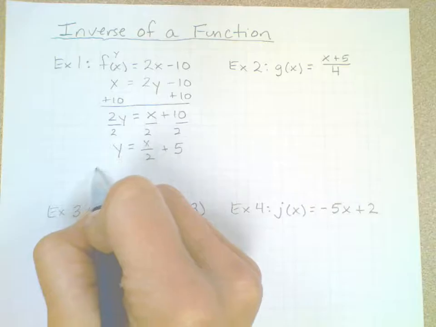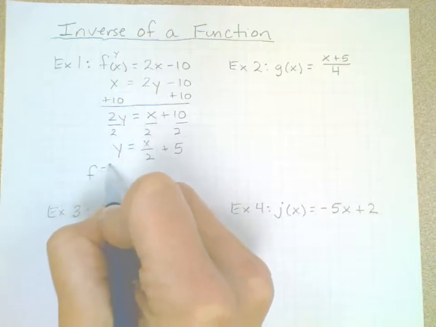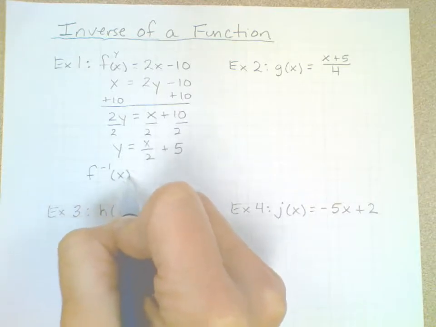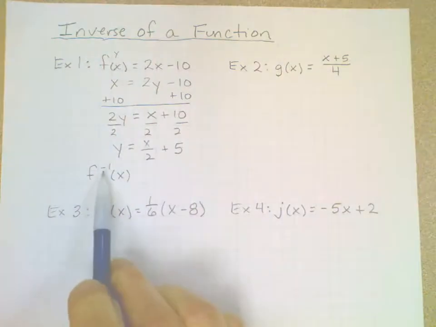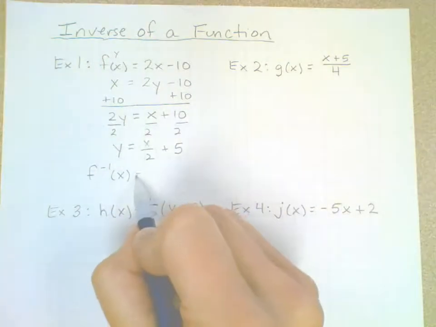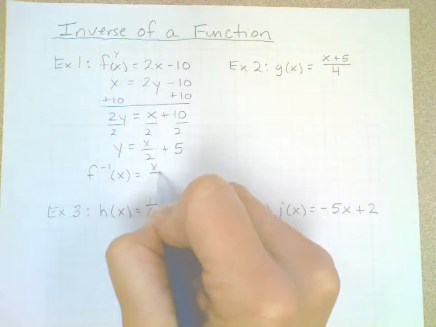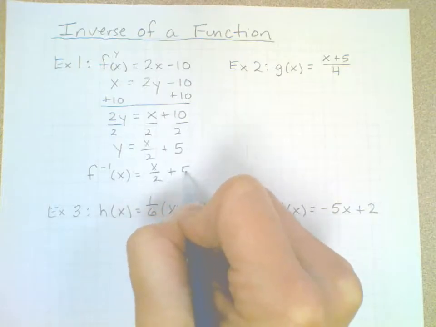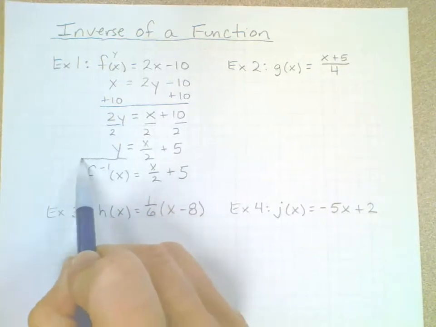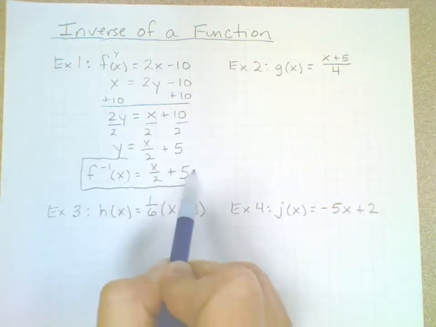So it looks like this. So f inverse of x, that little -1 kind of indicates the inverse, is actually x over 2 plus 5. And this would be your final notation for the inverse.